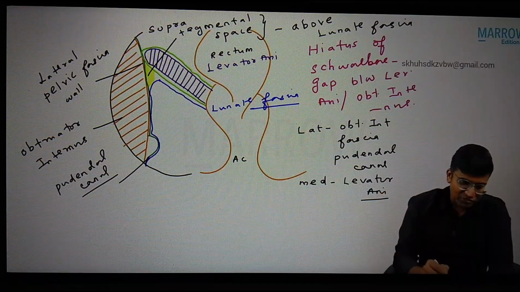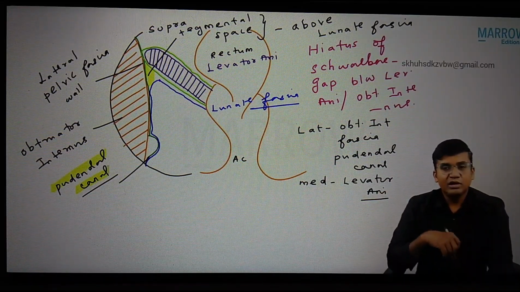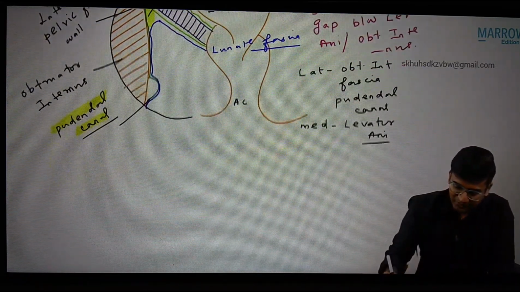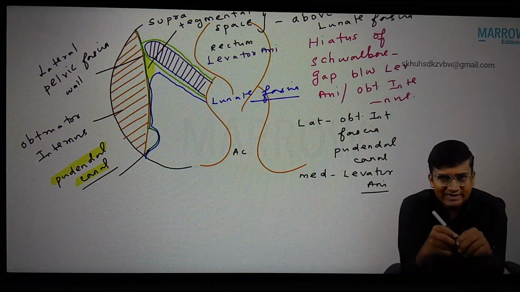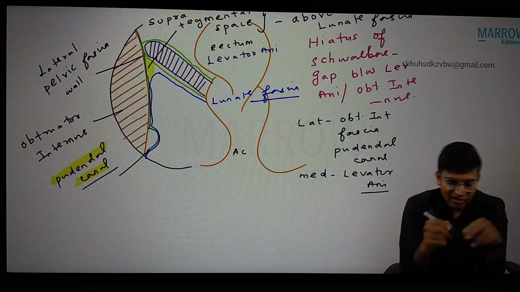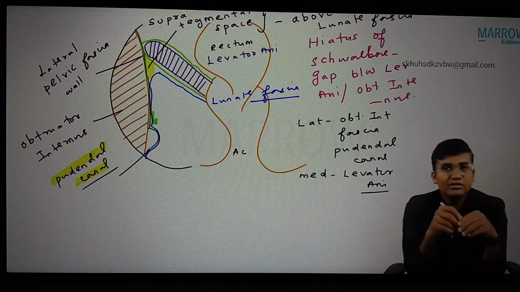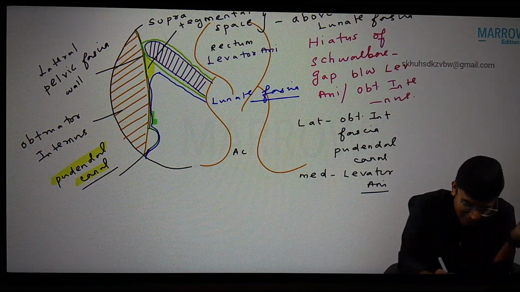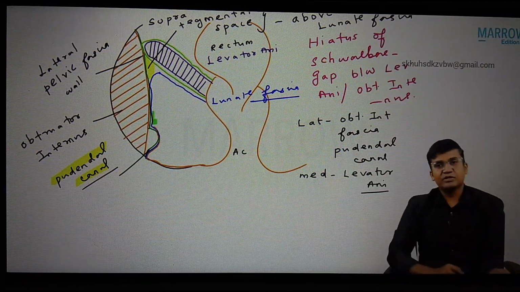Before that, you have to know some basic points about the pudendal canal. How is this canal formed? I told you the fascia over obturator internus splits and forms the canal. Sometimes this canal also comes from the lunate fascia, or the perianal fascia also splits and forms this canal.